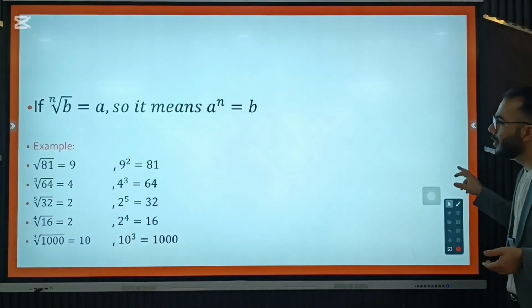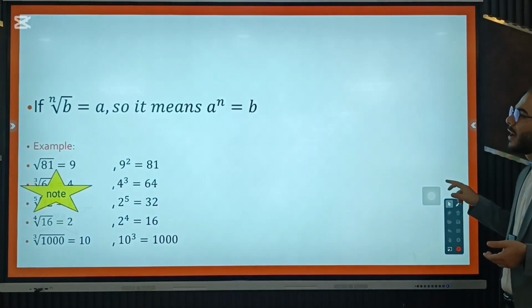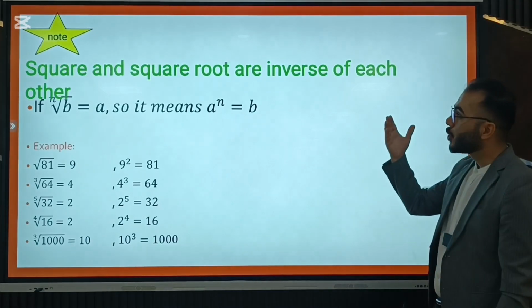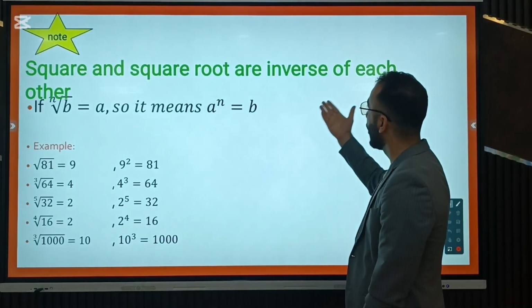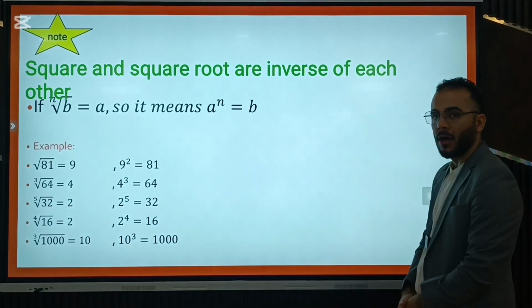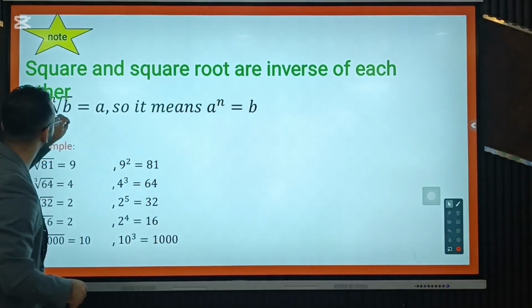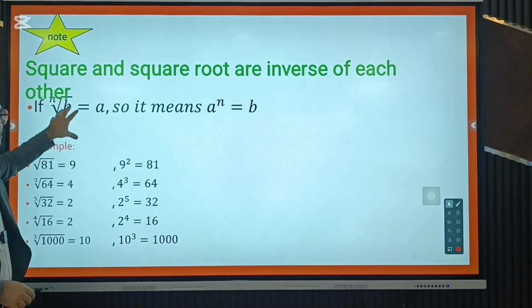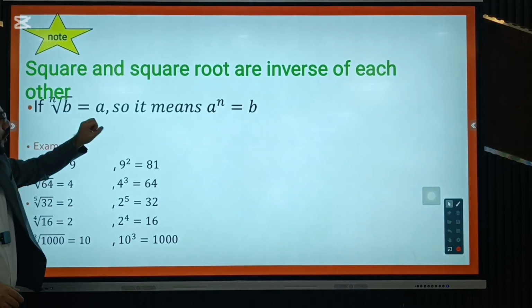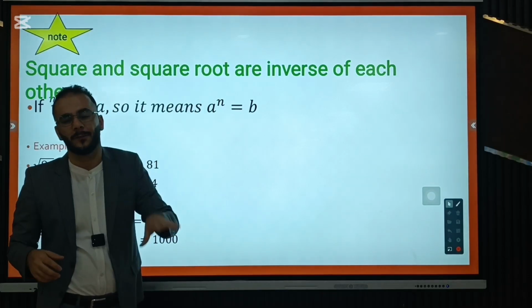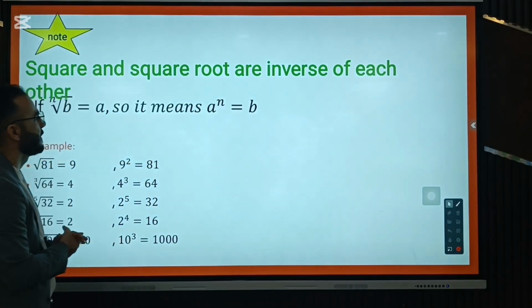The next thing that we need to know about square root is something very important. As we already mentioned, square and square root are inverse of each other. So if we have the nth root of b equals a, it means that a to the power of n equals b. Perfect.